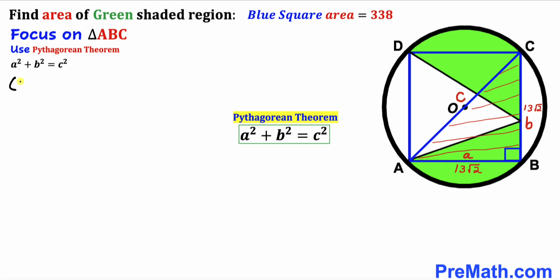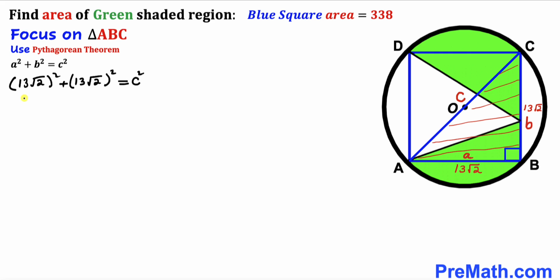A in our case is 13 times square root of 2 whole square plus likewise 13 times square root of 2 whole square equal to c square. Let's simplify. This is going to give us 338 plus 338 equal to c square.